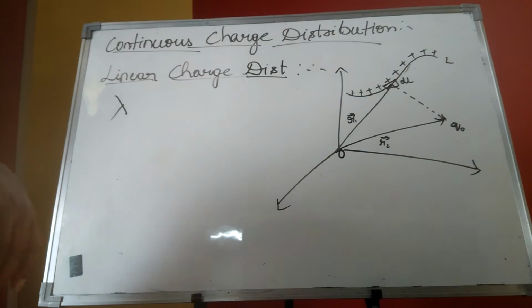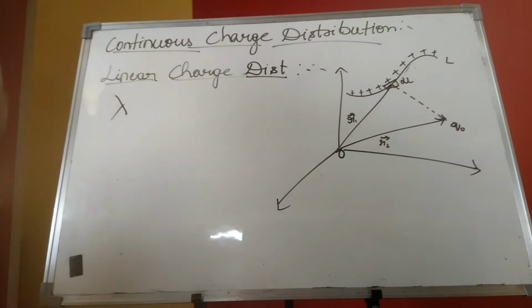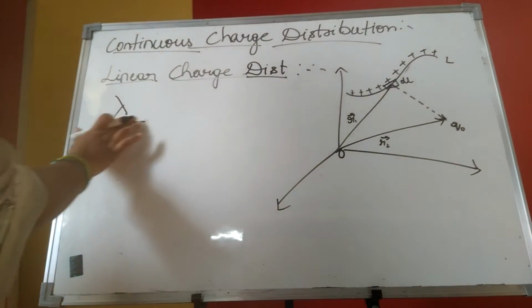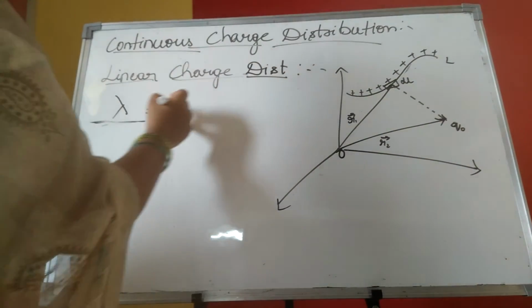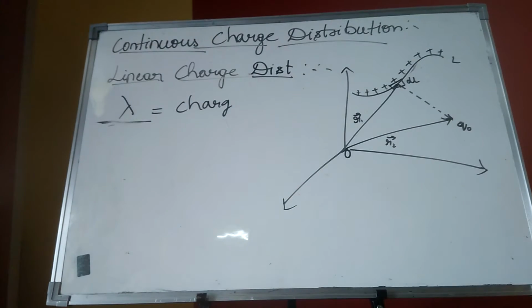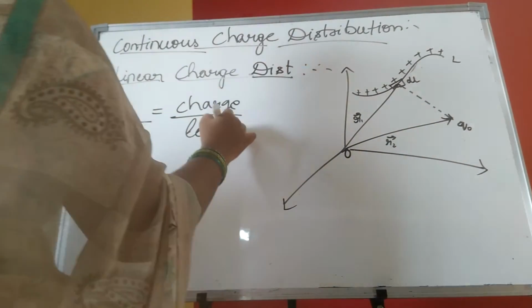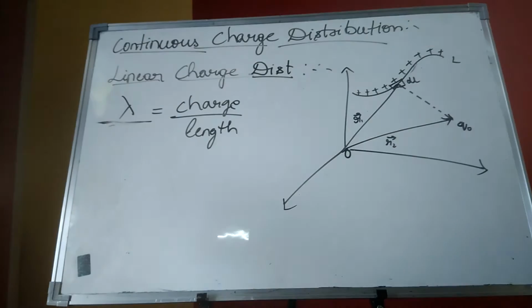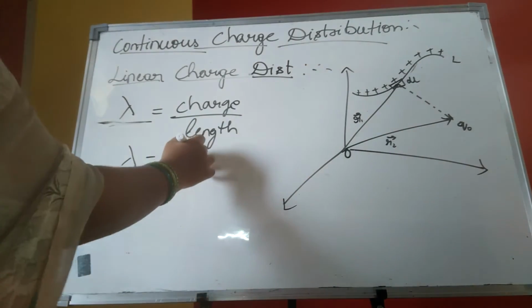So let there be a line charge of linear charge density lambda. Linear charge density is nothing but charge per unit length. So lambda is equal to charge per length.